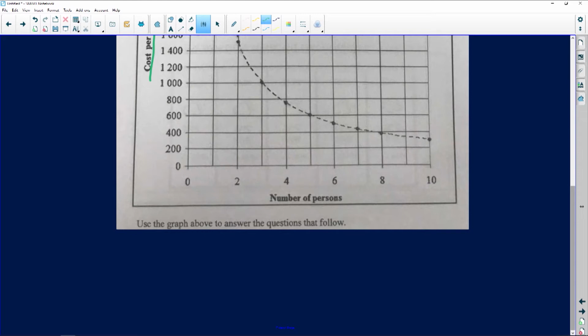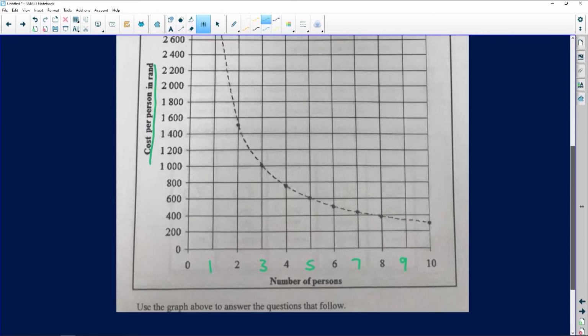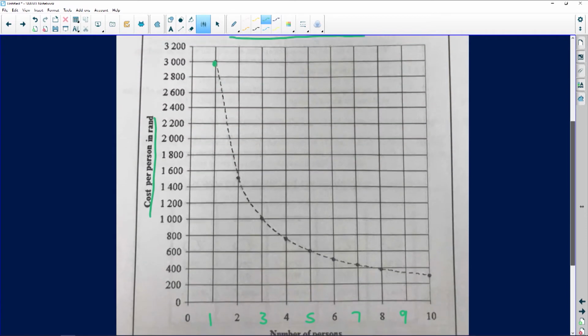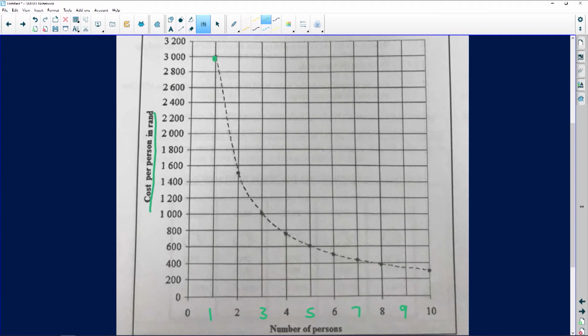If you want to, you could put that in and just see if that matches. Sometimes it matches, sometimes it doesn't. I'm just doing that because I can. So we can see now the relationship between the number of persons versus the cost per person is that obviously at 0 there's nothing happening because no one is hiring anything.